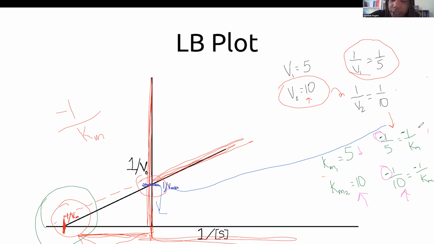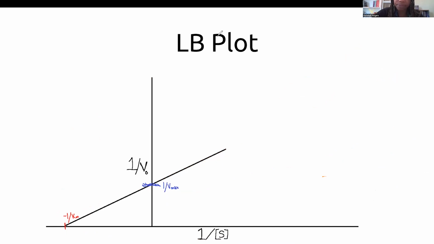This is lower, this is also lower. So if you increase the Km, you're going to see an increase in the -1 over Km. If you increase the Vmax, you're going to see a decrease in the 1 over Vmax.